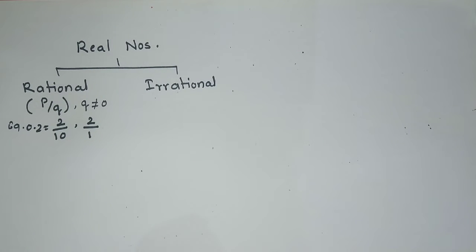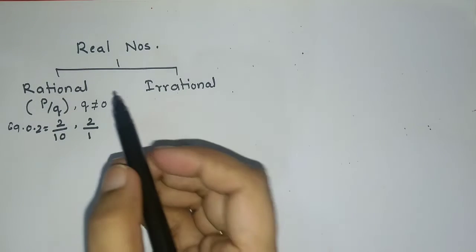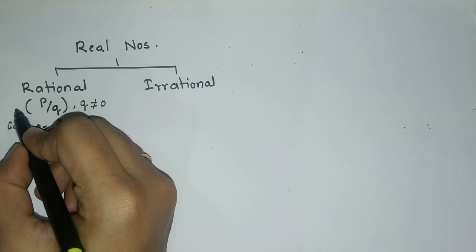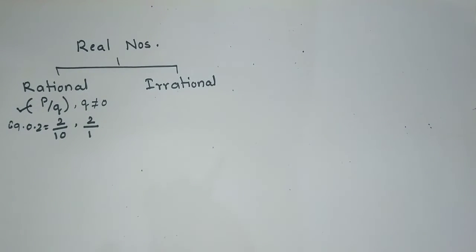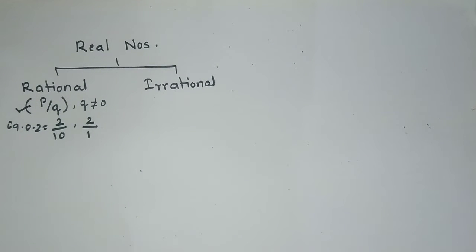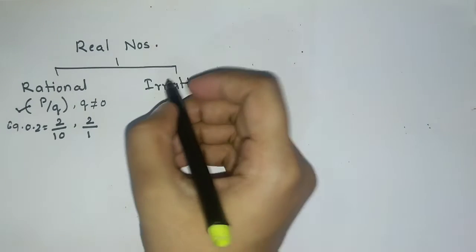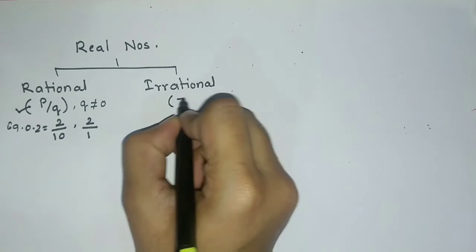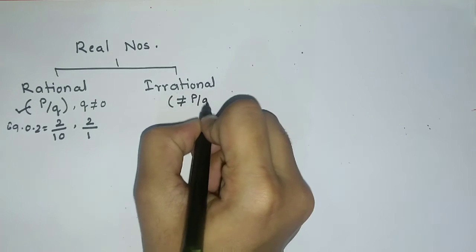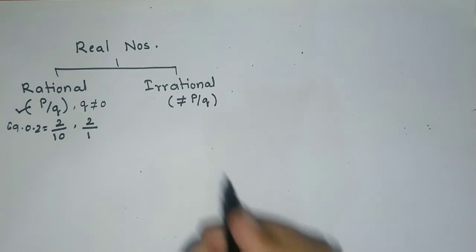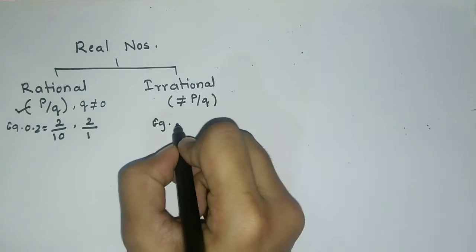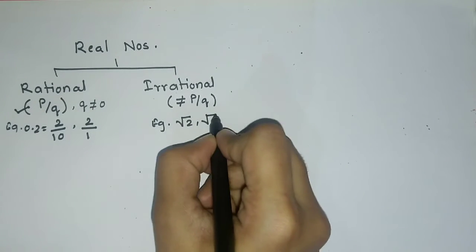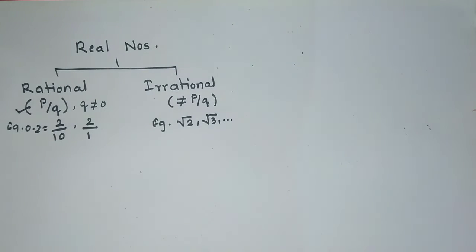The numbers which can be denoted in the form of P by Q are rational numbers. And irrational numbers are the numbers which cannot be represented in the form of P by Q. For example, √2, √3, etc.